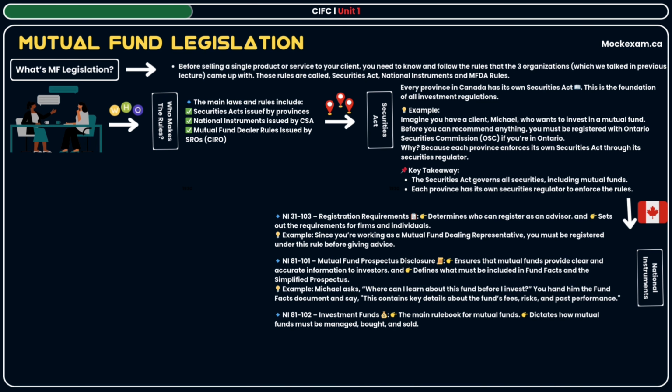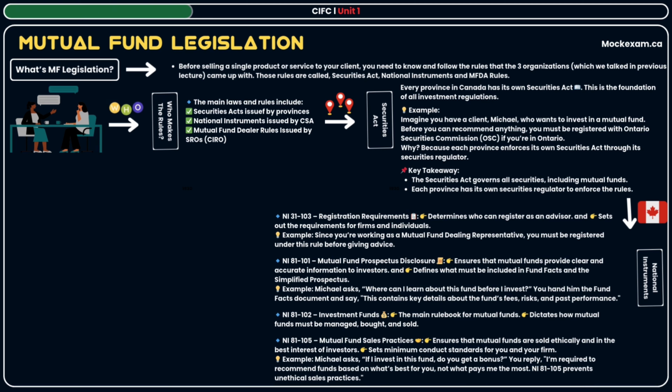Next one is National Instrument 81-105. This one is also important. It covers mutual fund sales practices. So it ensures that mutual funds are sold ethically and in the best interest of investors. Okay. It sets some minimum conduct standards for you and your firm.